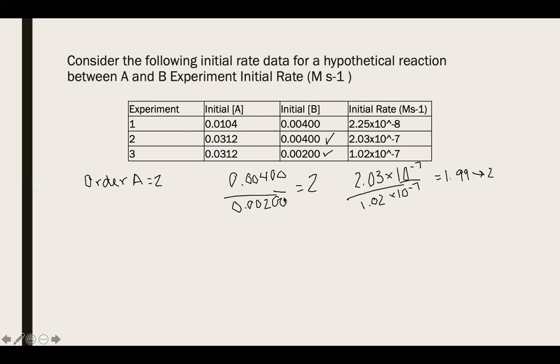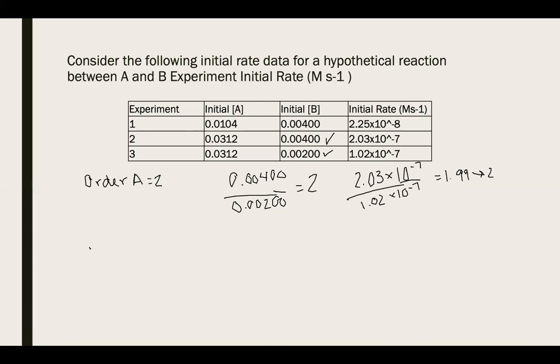So when the concentration was doubled, the rate increased by a factor of 2. So the order of B is 1, because it doesn't go by an exponential factor. It's just that when the concentration of B is doubled, the rate also doubles.